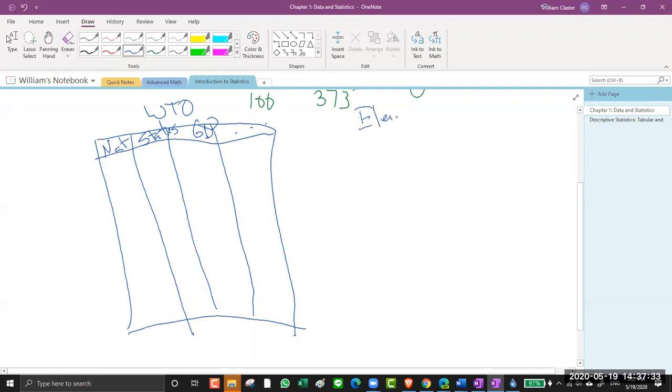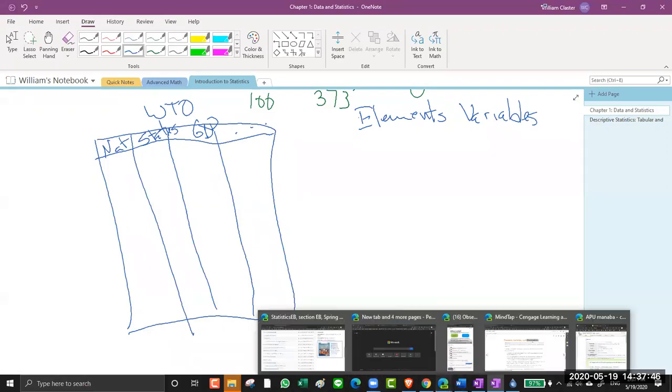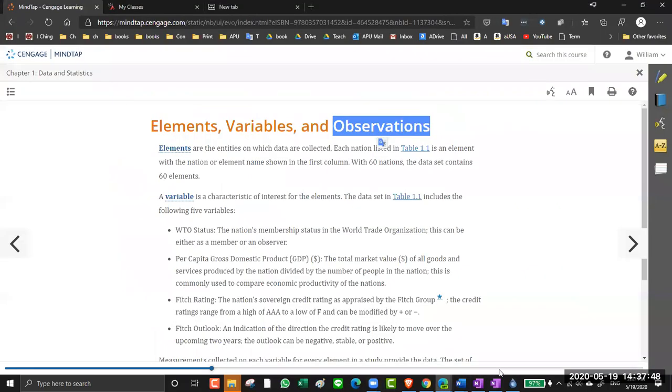So, okay, now I want to, and this topic is called elements, variables, and something else. I think it was called measurements. Let's see. Observations. Okay, so elements, variables, and observations.